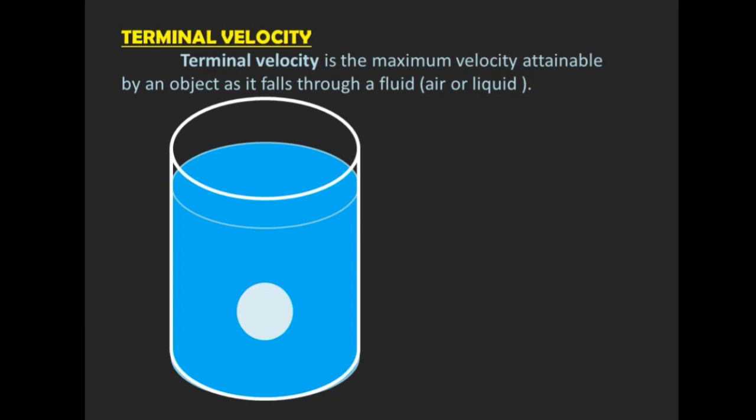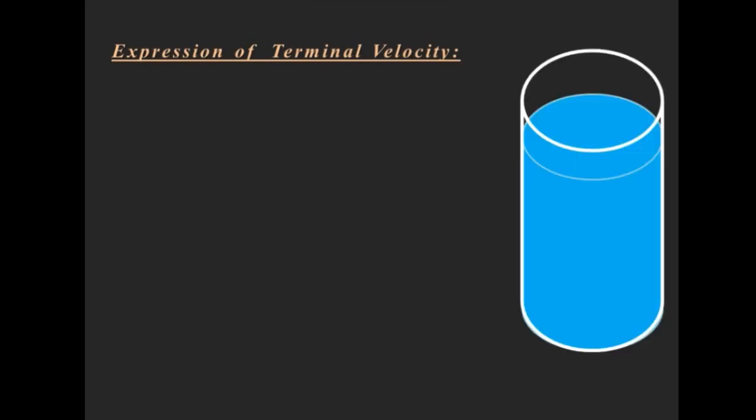This constant velocity is called the terminal velocity. So we will go further and try to find out the expression for this terminal velocity.